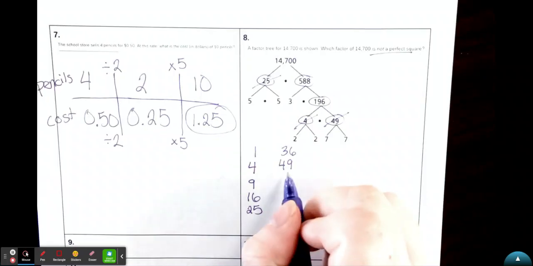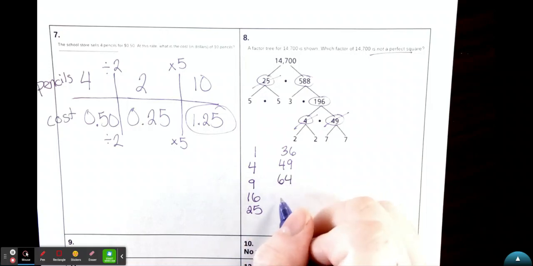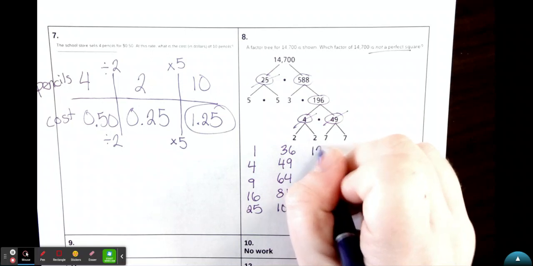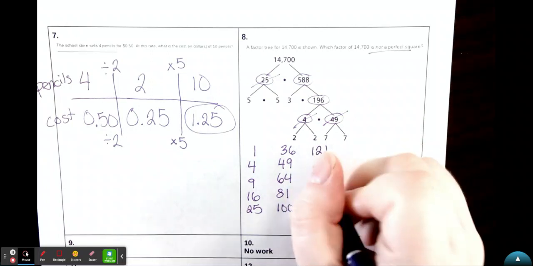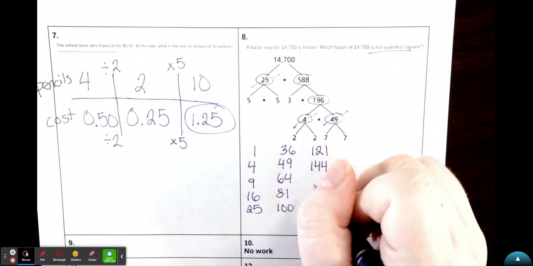So we did 7 times 7, 8 times 8, 64. 9 times 9, 81. 10 times 10, 100. Okay. 11 times 11, 121. 12 times 12, 144.